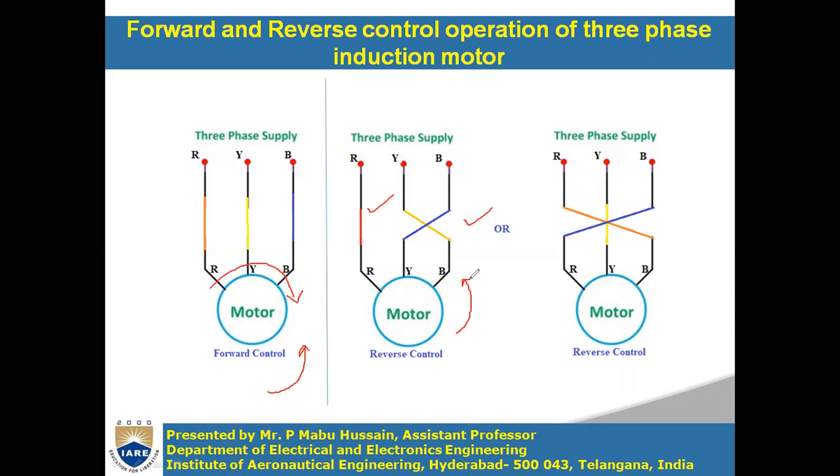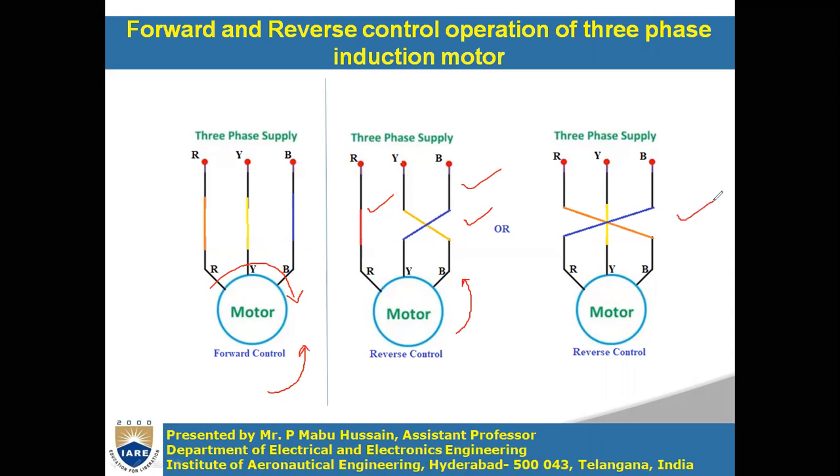So you keep two terminals interchanged and the other terminal as it is. This is one way, keeping R as it is and interchanging Y and B.